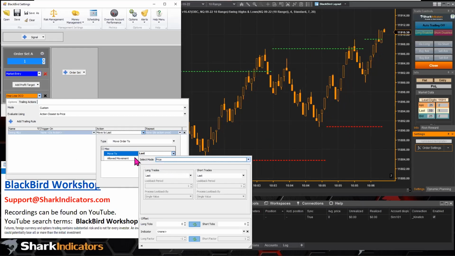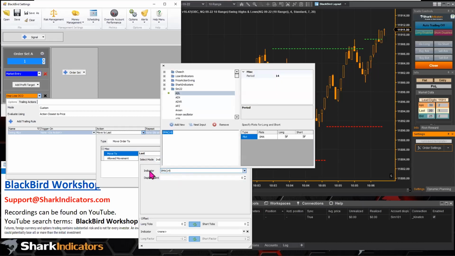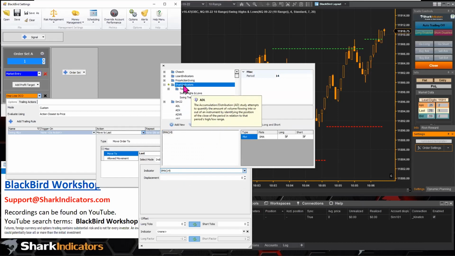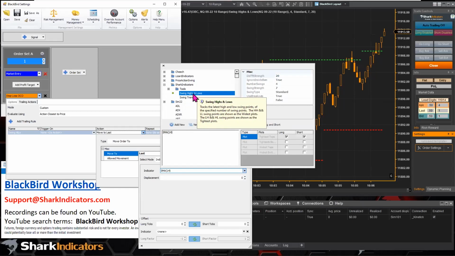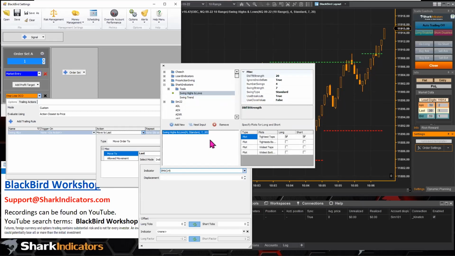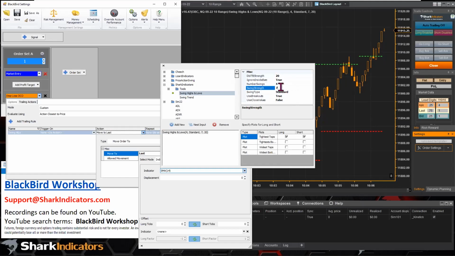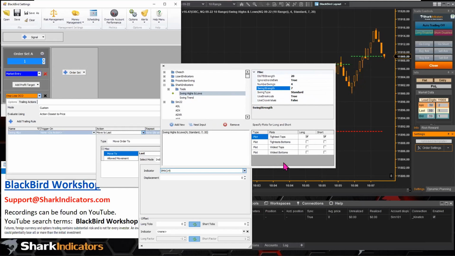So we're going to change the mode to indicator value, and now we can bring up the list of indicators. Let's open up the chart folder, and there's the swing highs and lows indicator. I'm just using the default settings here: number of swings 4, swing strength 7. So now we need to pick the plots.